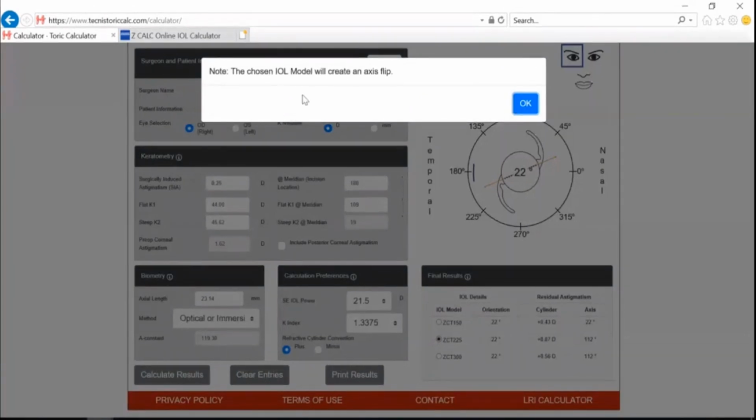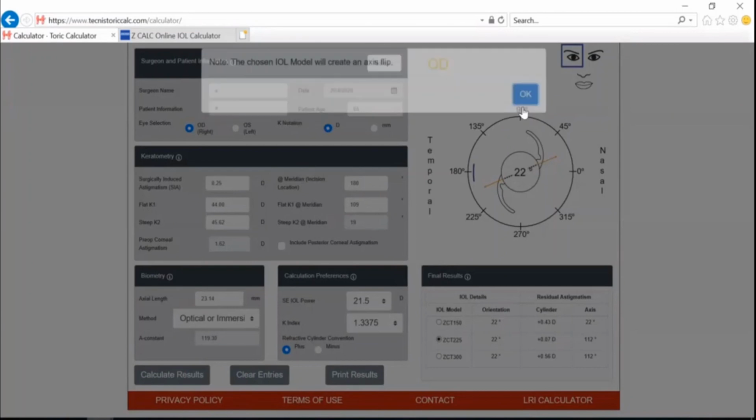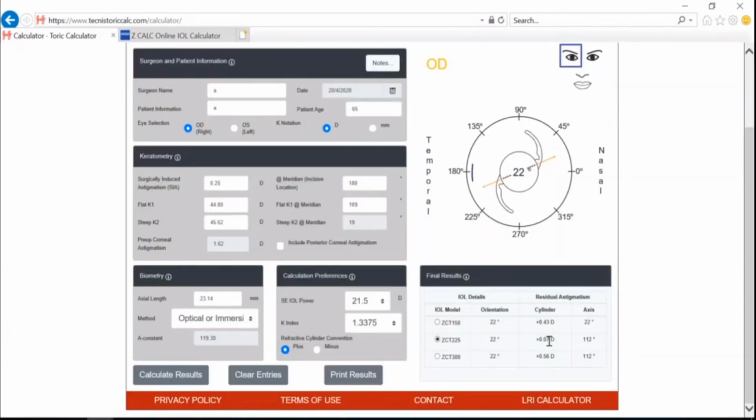Now the other option here, if you're choosing ZCT 225, what shows up is that the IOL model will create an axis flip. That means you're going to switch the astigmatism axis. If you look at the residual astigmatism here, it's much lower, 0.07. So the amount of astigmatism is much lower than the choice up here.